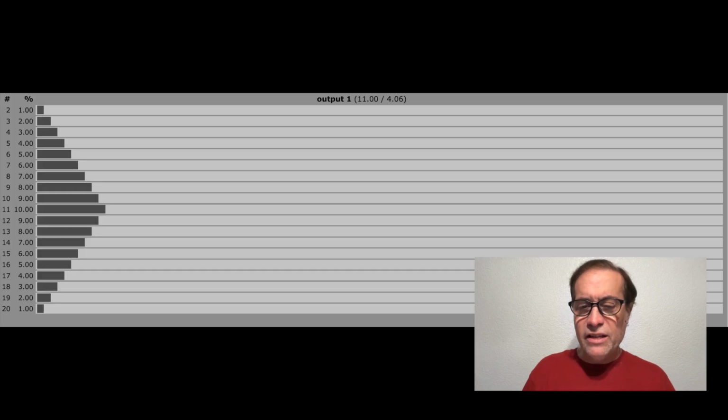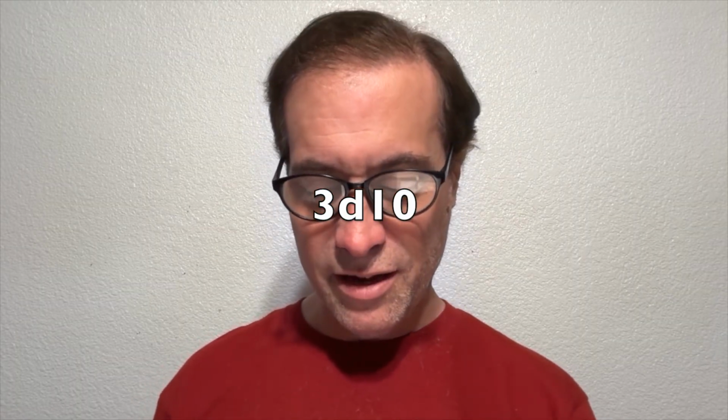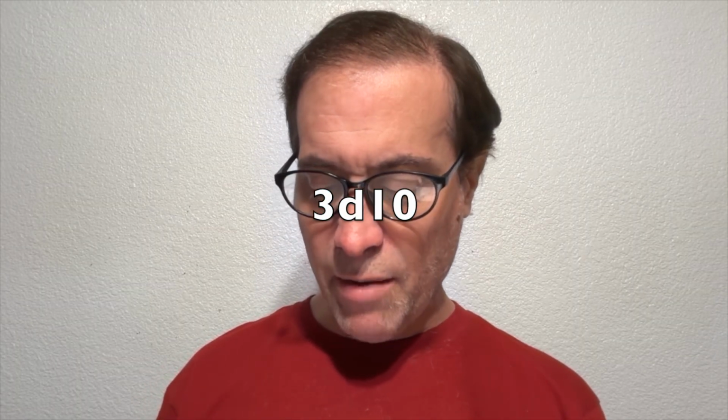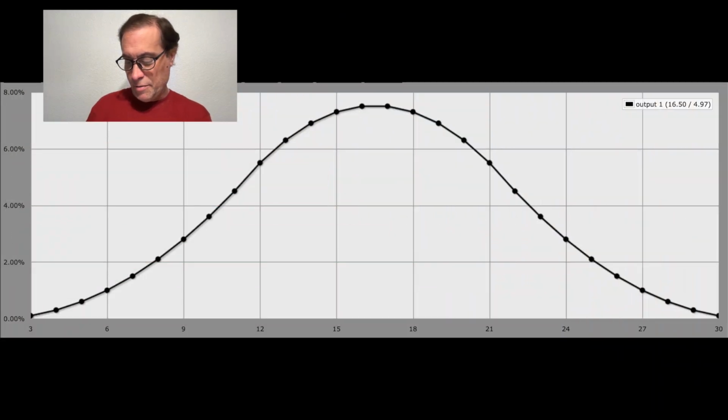On a d20, that's 15%. Not great odds, but it could definitely happen. But on 2d10, it's only 6%, which is only slightly better than a nat 20 on a d20. You see the problem? All right, so now let's try 3d10. Now you might be wondering why I don't just show you 3d6. I mean, after all, that's what you use for ability scores, right?